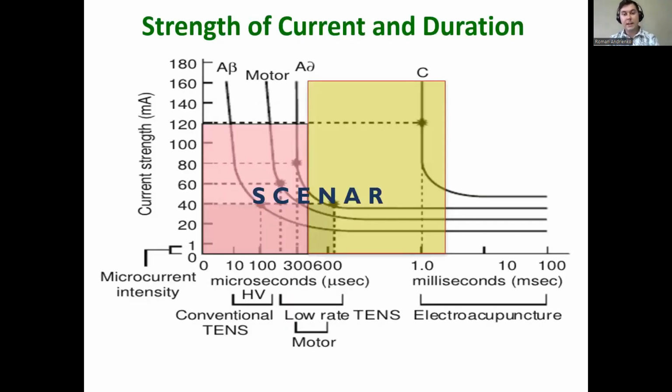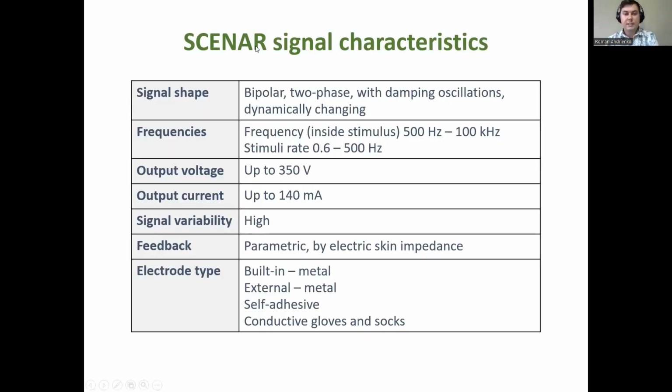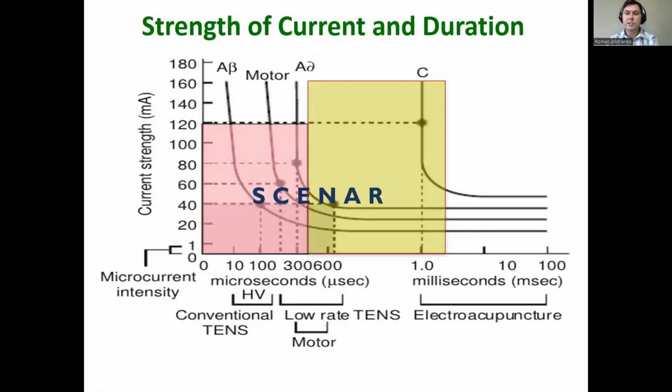Why is that? From this, we can see that Scenar has a pretty huge range in which its signal parameters can change. And that also partially explains why Scenar is superior compared to other kinds of technologies.